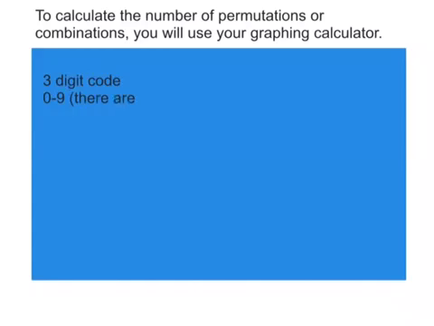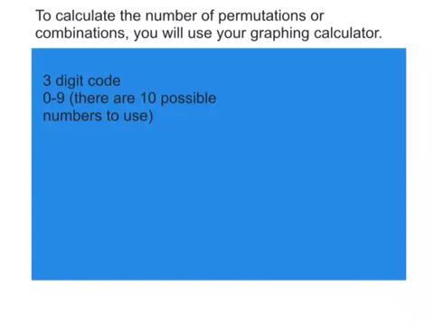So there are 10 possible numbers we could use to make a 3-digit code. Okay, so the idea here, first of all, is this a permutation or a combination? Well, this is going to be a permutation because the order of those 3 digits in a code is important.